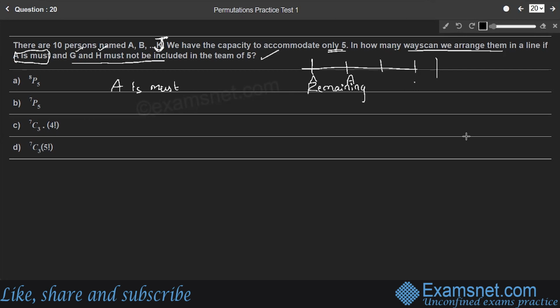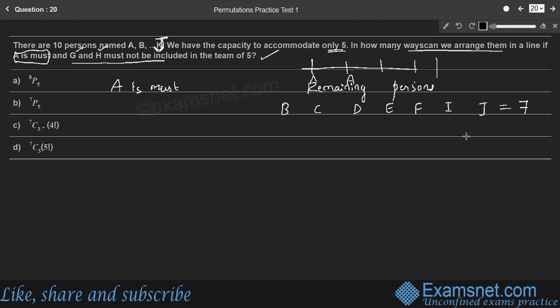So here A is a must, and the remaining persons are, excluding I and J, the remaining persons are B, C, D, E, F, G and H. So these 7 persons should be included, such that we have to select only 5 people.